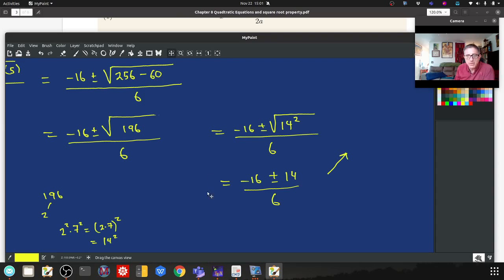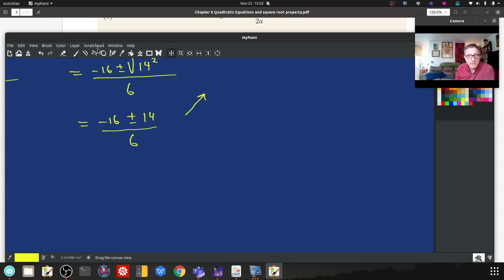Let's find out what those answers are, and we're going to simplify them. And remember, what is it I'm developing here? x is equal to this. So the first is minus 16 plus 14 over 6. The second is minus 16 minus 14 over 6. I know I took the minus wrong.